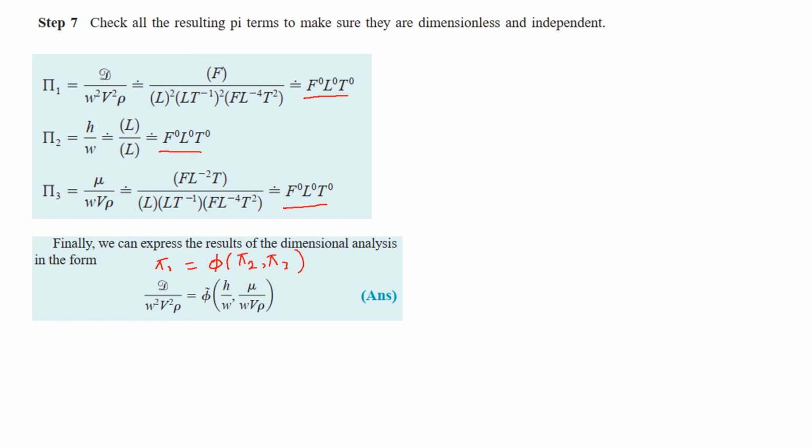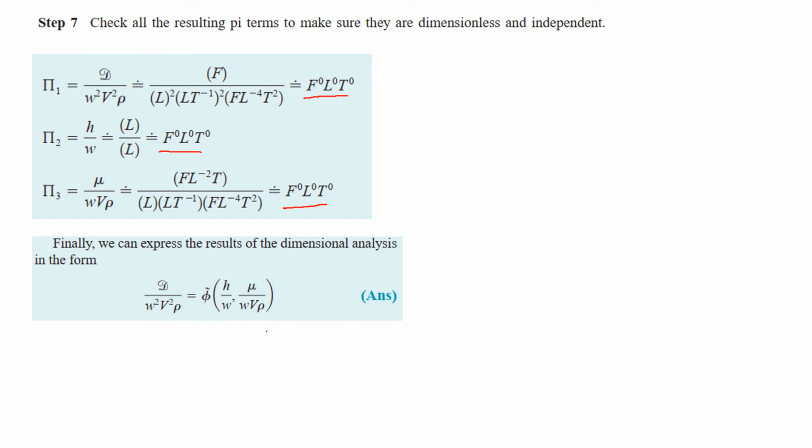So pi 1 includes the drag force term, that's why it's on the left hand side, and that is equated to pi 2 and pi 3. Remember that this should also follow the principle of dimensional homogeneity: the right hand side, which is dimensionless, must also be equal to the left hand side, which is also dimensionless.